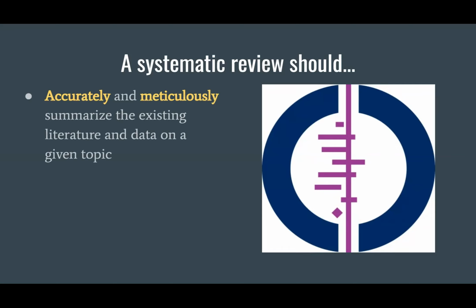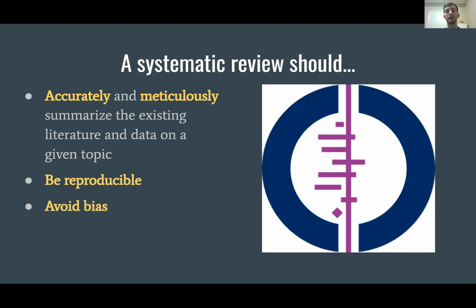For a systematic review, your goal is to summarize the existing literature and data on a given topic, which is what your research question is focusing on, and you want to do so accurately and meticulously. Since this is a type of research, obviously we're not following the scientific method the same way you would if you were doing a study in a laboratory, but you still want results that are reproducible and unbiased.